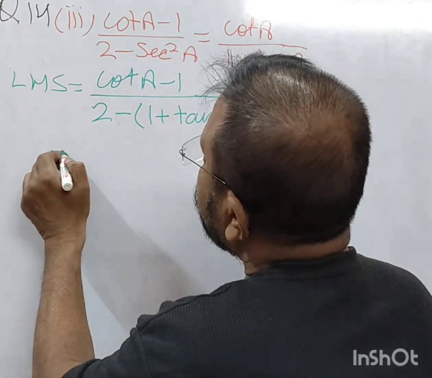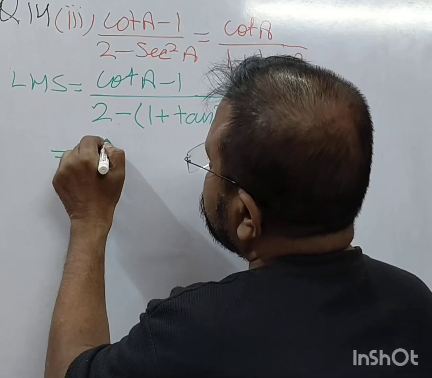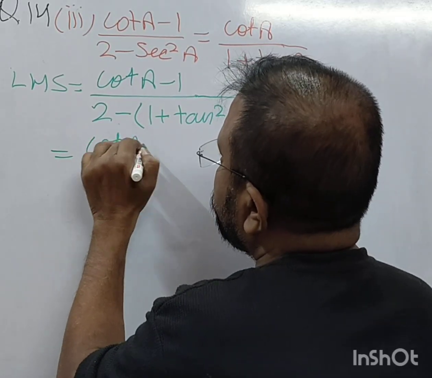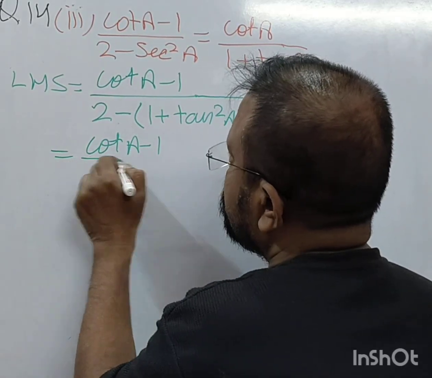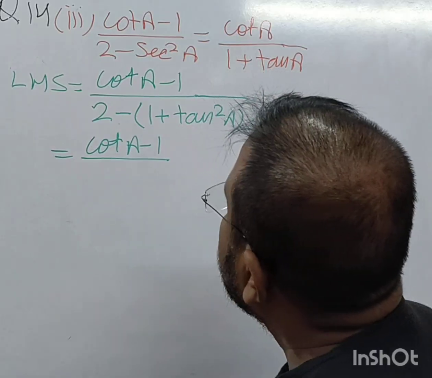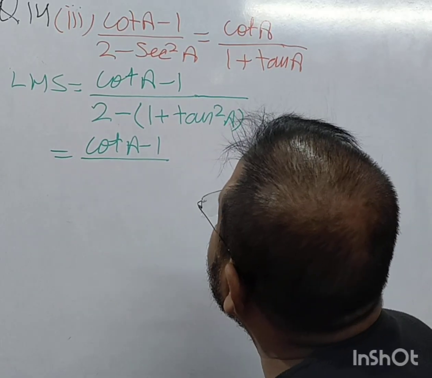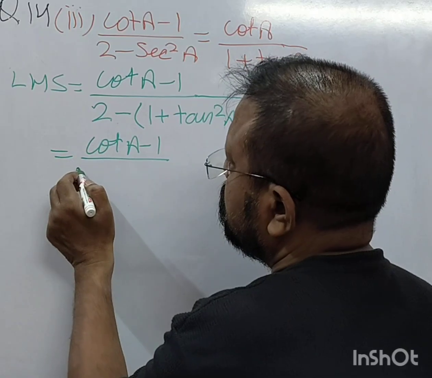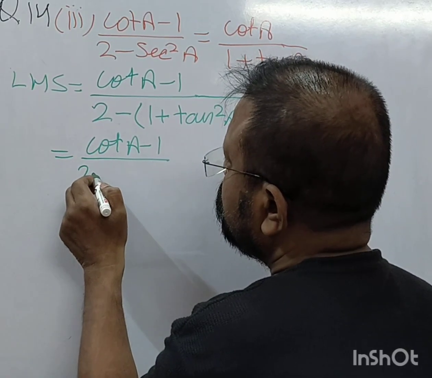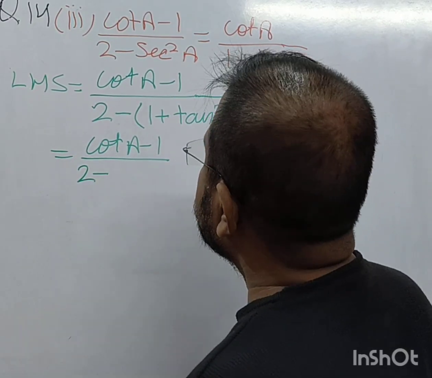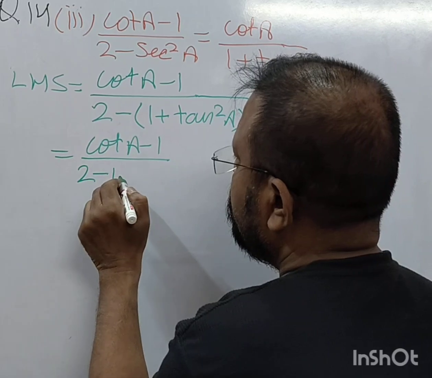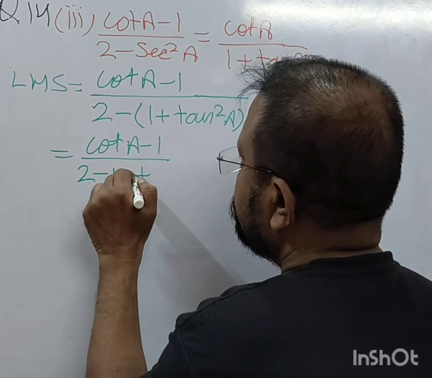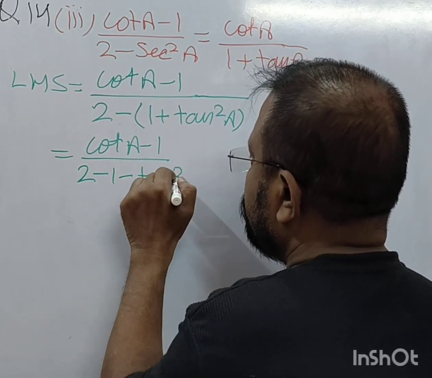So what you do now? Cot A minus 1 upon 2 minus 1 minus tan square.